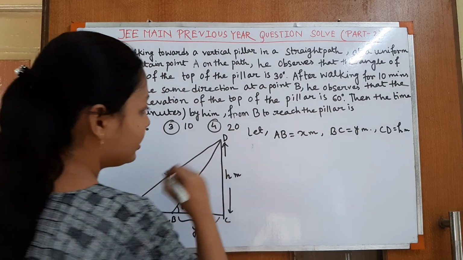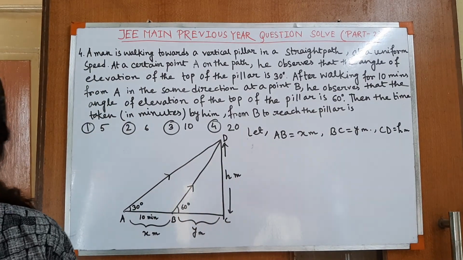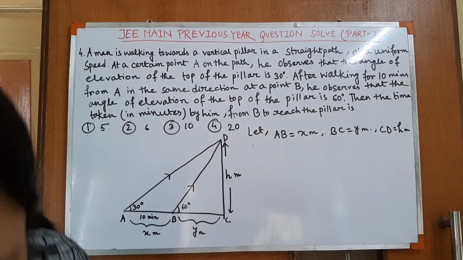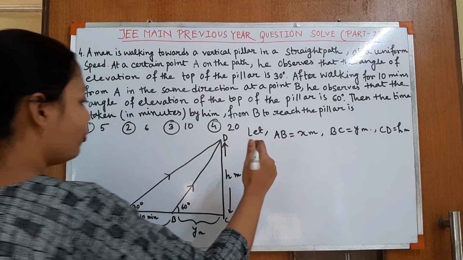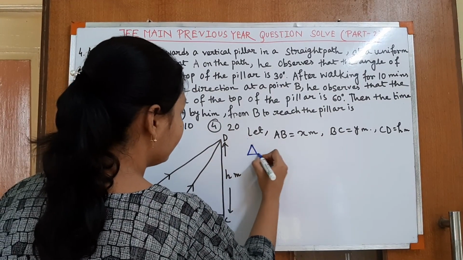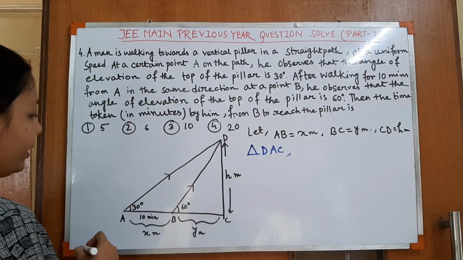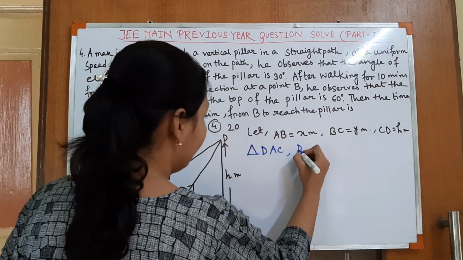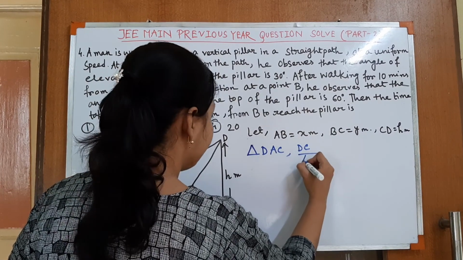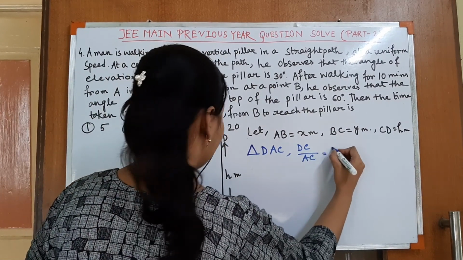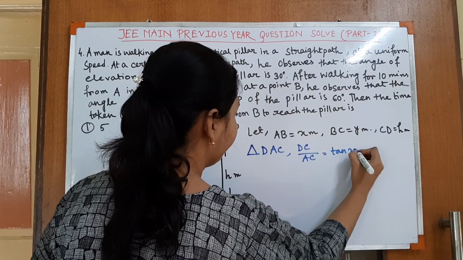Then from triangle DAC we get DC by AC equal to tan 30 degrees.